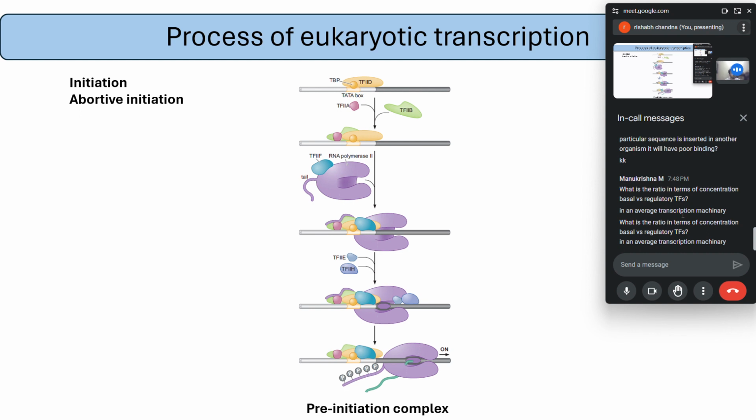In my opinion, the basal transcription factors would be more in number as compared to the regulatory transcription factors, because there are a lot of genes involved here, and the number of basal transcription factors is more as compared to the activators. So, in my understanding, this would be the case, but I'll let you know about the actual concentration if there is a number present or not.